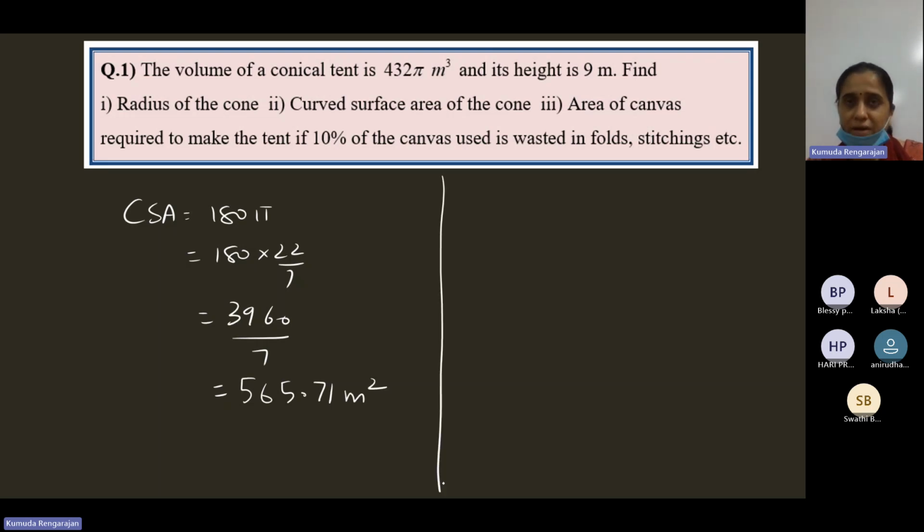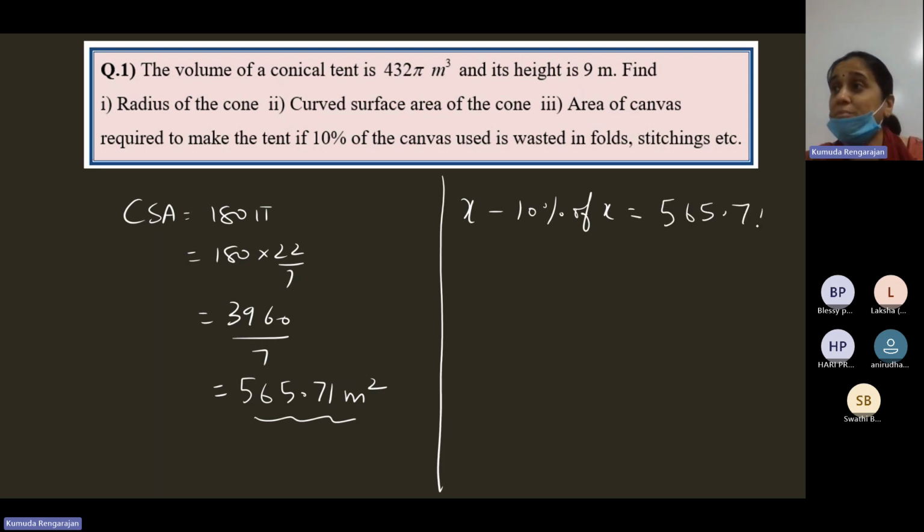Now in your next part of the answer, X minus 10% of X is equal to, don't write this one. Don't write 565.71 because that's an approximate value. If that's the actual value, you can take it. I'm not saying don't take decimals. If it is exactly 565.71, then you take it, you will get the correct answer.